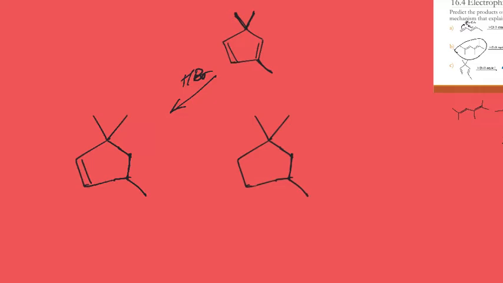We could have, let me make the requisite copies here. All right. We could have the positive charge here or the positive charge there. We could have the positive charge here or the positive charge there.